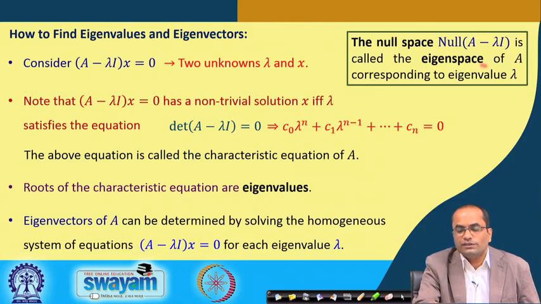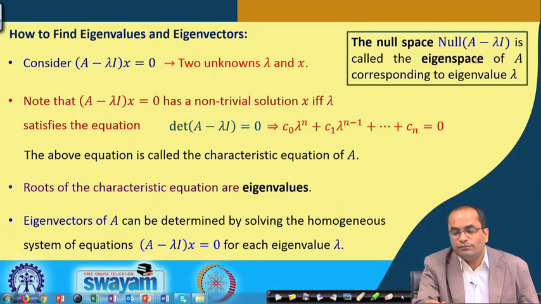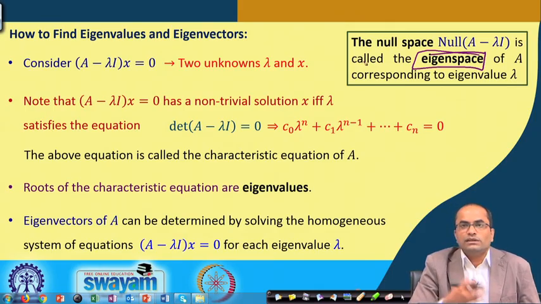So another terminology which we may use later is eigenspace. The eigenspace is nothing but the set of all these eigenvectors including the 0 vector.